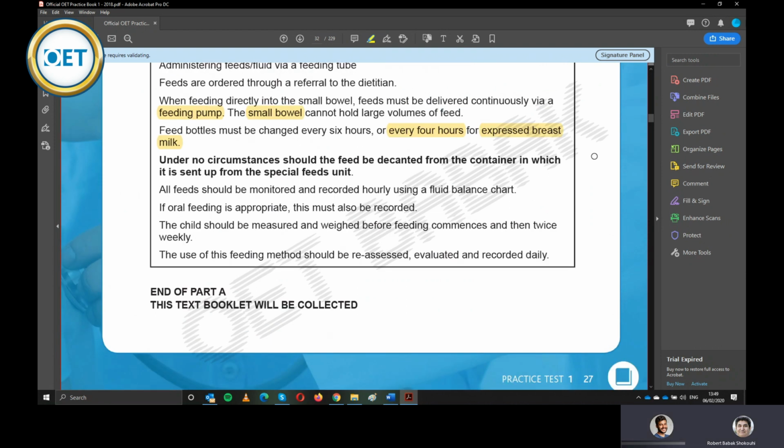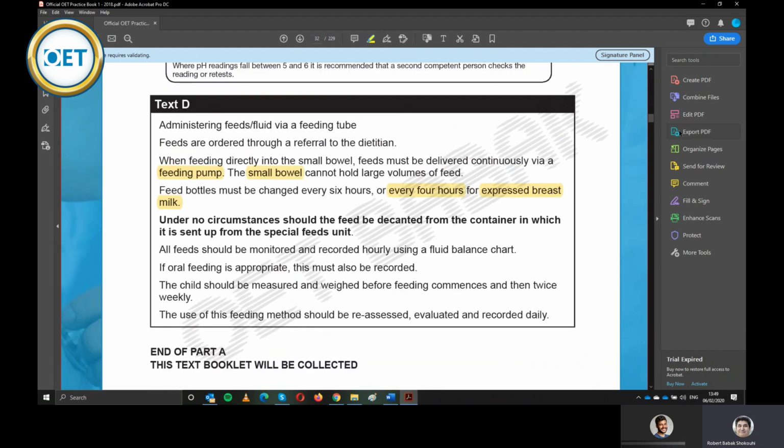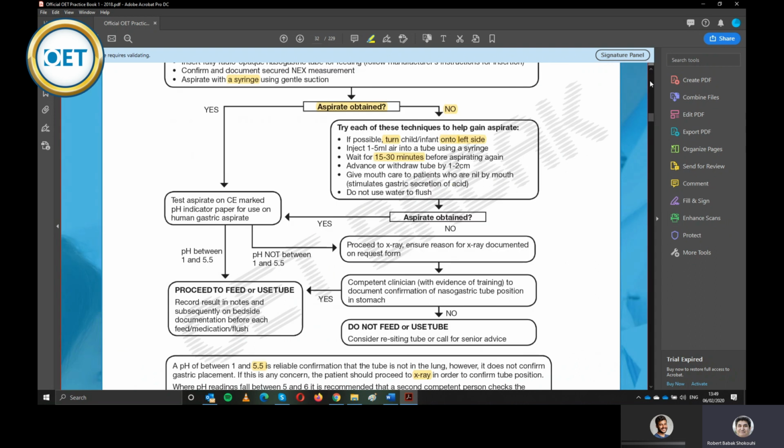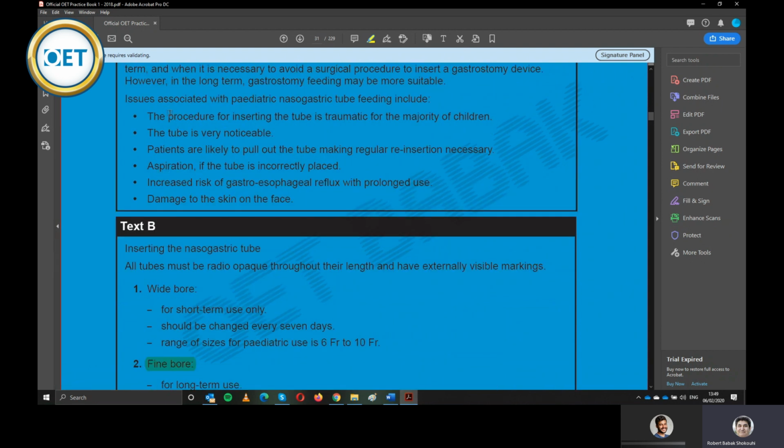I have a feeling it might be here: with prolonged use, increased risk of gastroesophageal reflux.